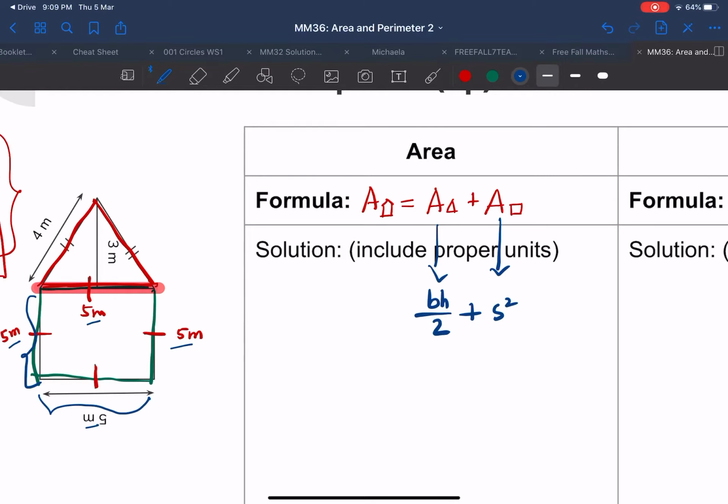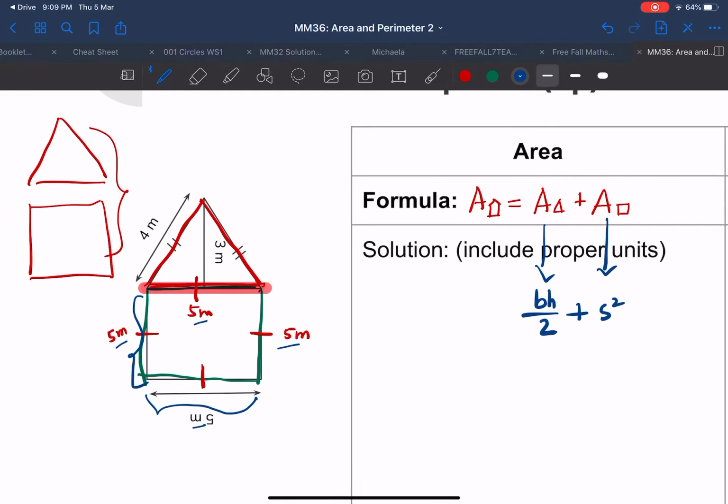Now, solve by substitution. Let's look at the triangle first, okay? For the triangle, you need base times height over 2. If you look here, this is the base. What is the measurement of the base? As we said, they are sharing.